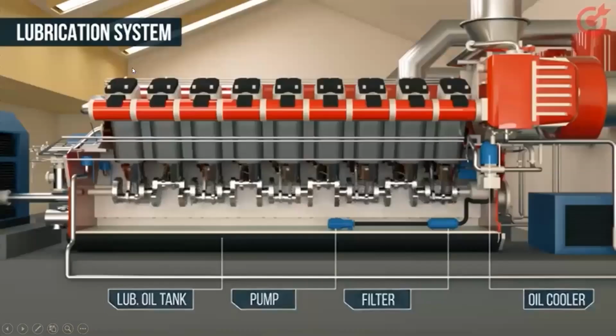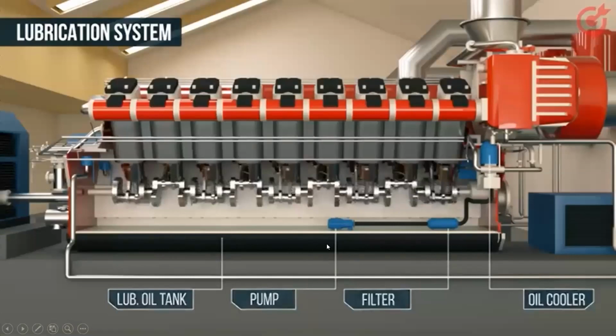Now you can see the lubricating system. Here itself you have the lubricating system; in this down part you can see it now. This black colored one is the lubricating oil tank. Then this is the pump, this is the filter, and this is the oil cooler.